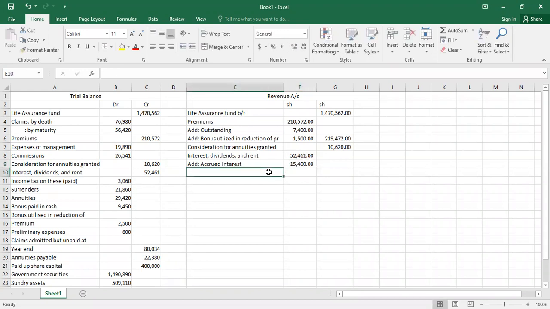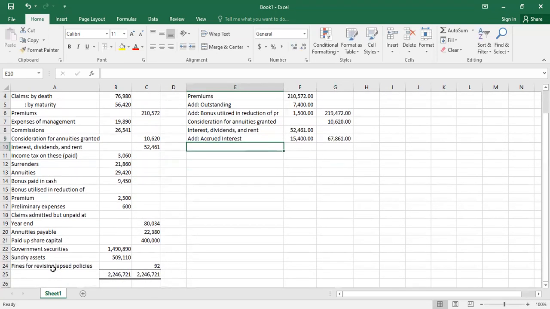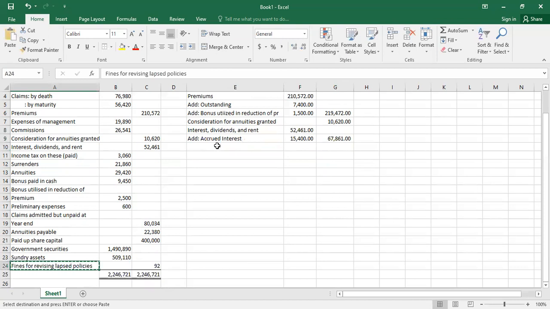Anything else? Don't see. So we add these two. This is 67,861. Then from there, I had the fines. So these are fines. Here 92.